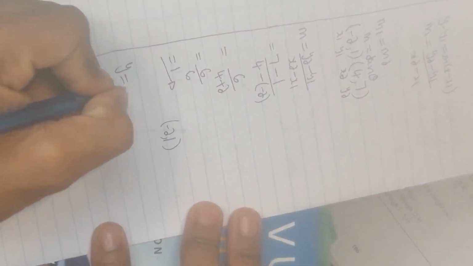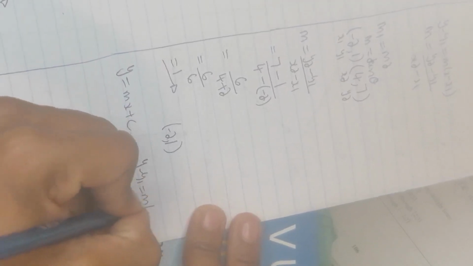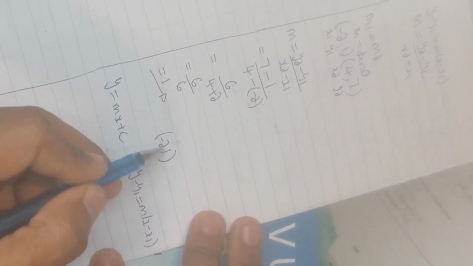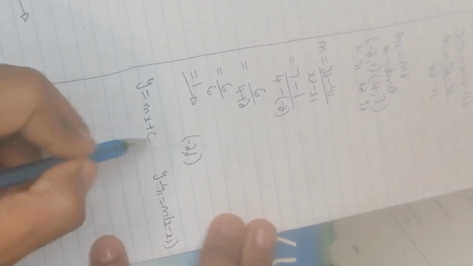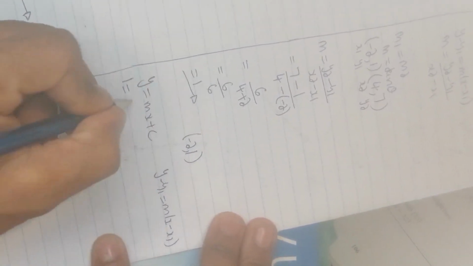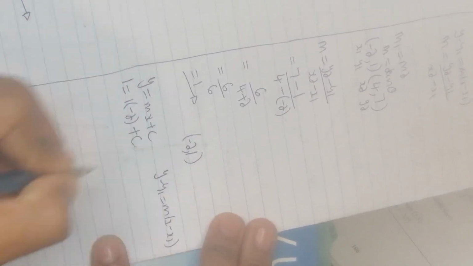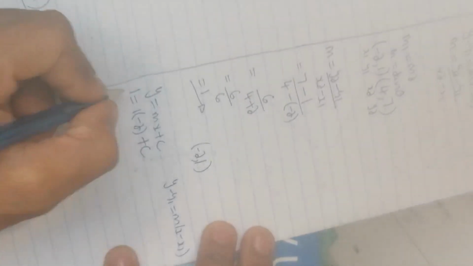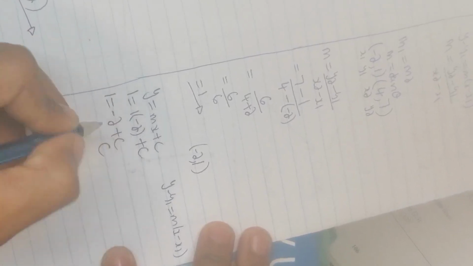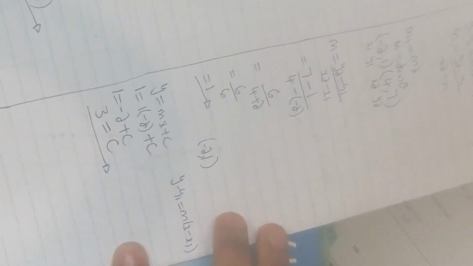Y equals mx plus c, or you can say y minus y1 equals m into x minus x1. So where we see x and y, we substitute these values. So here my y is 1, my gradient is 1, my x is -2, and I'm looking for the value of c. I have my 1 times -2, it's -2 plus c. Take to the other side, c is equal to 3.